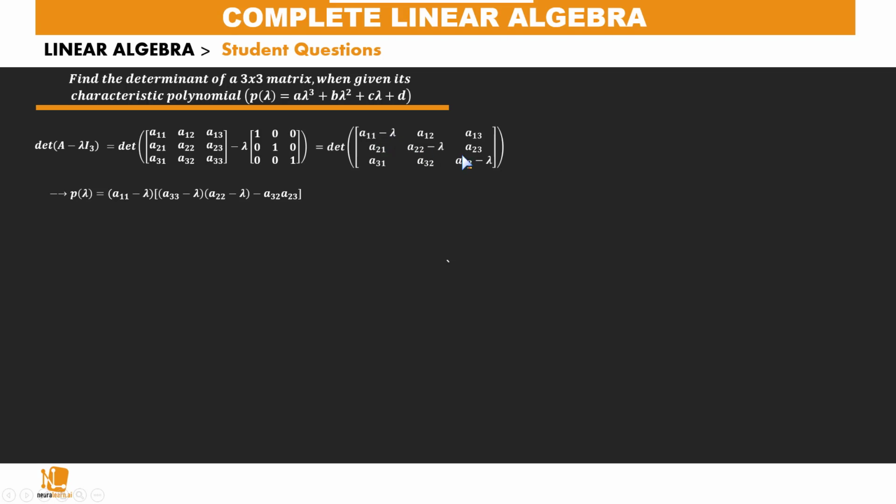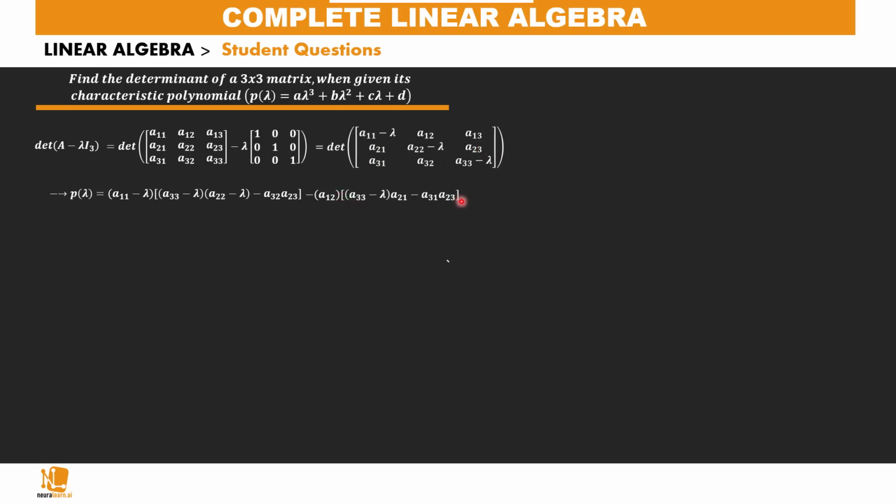So we have A11 minus lambda times the determinant of this 2 by 2 matrix, which is this, and then we move on to A12, where we have this negative A12 times this resultant matrix made of A21, A23, A31, and A33 minus lambda. So here we have A33 minus lambda times A21 minus A31 times A23.